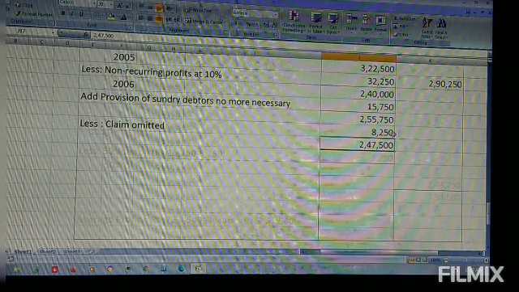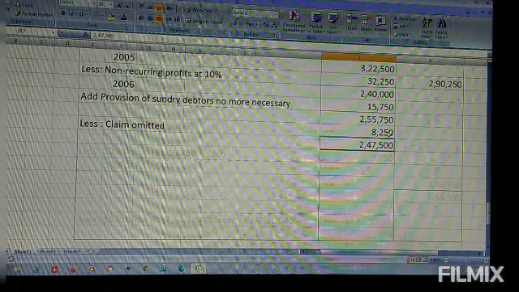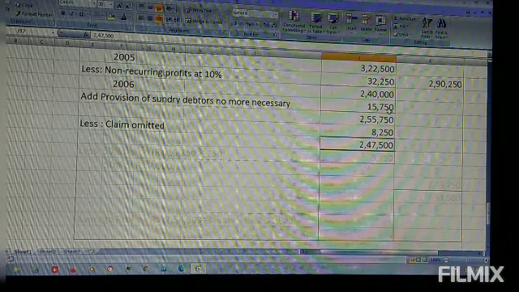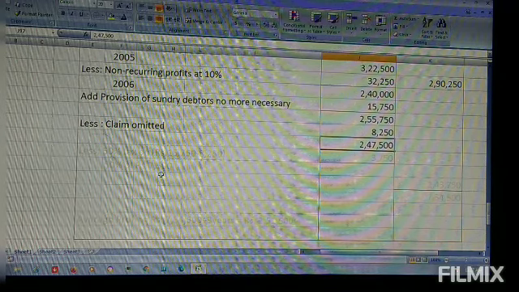And on the 8,250 claim, tax was already charged. So we can deduct 8,250 from 15,750, and then calculate 50% tax on the remaining amount. We'll see how.